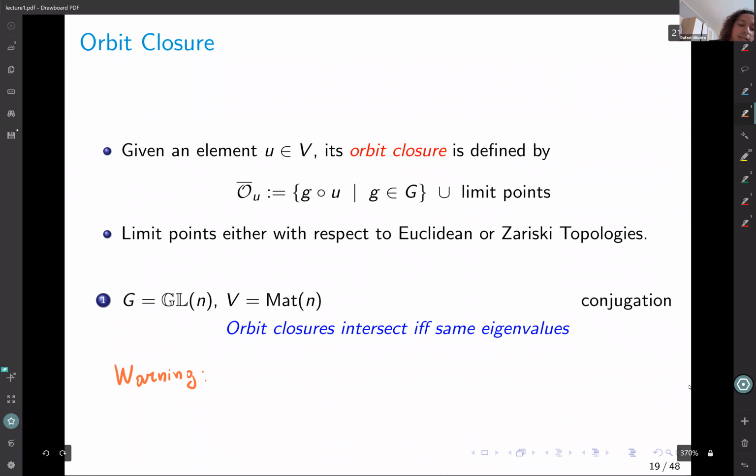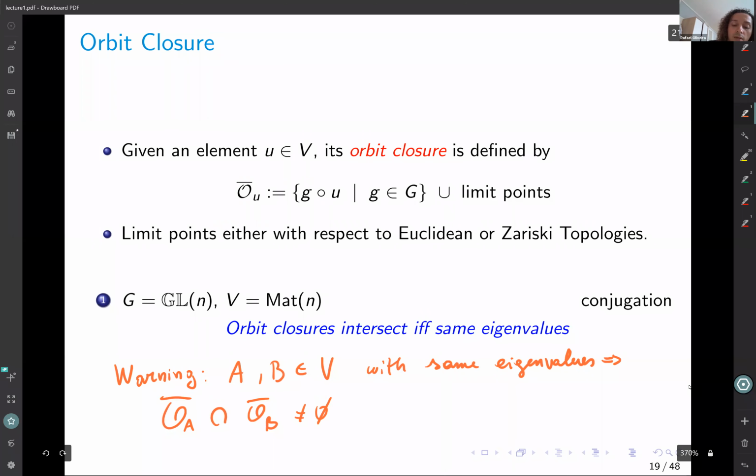Two matrices A and B in V with the same eigenvalues implies that the orbit closure of A intersects the orbit closure of B, is non-empty, but not necessarily the same orbit.